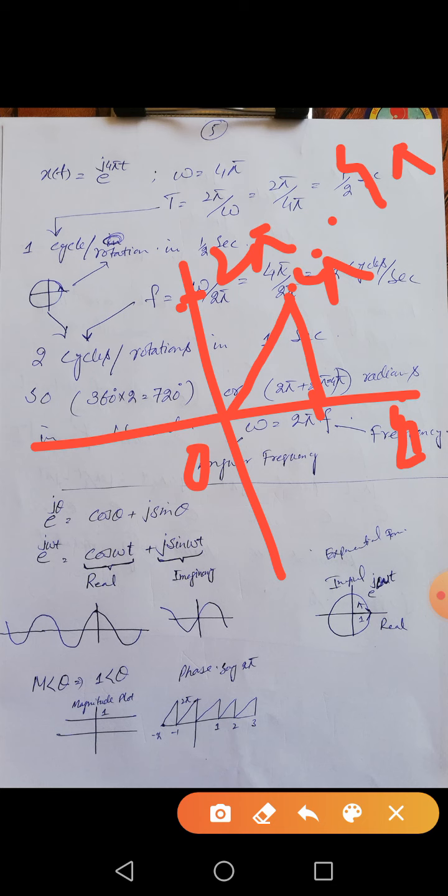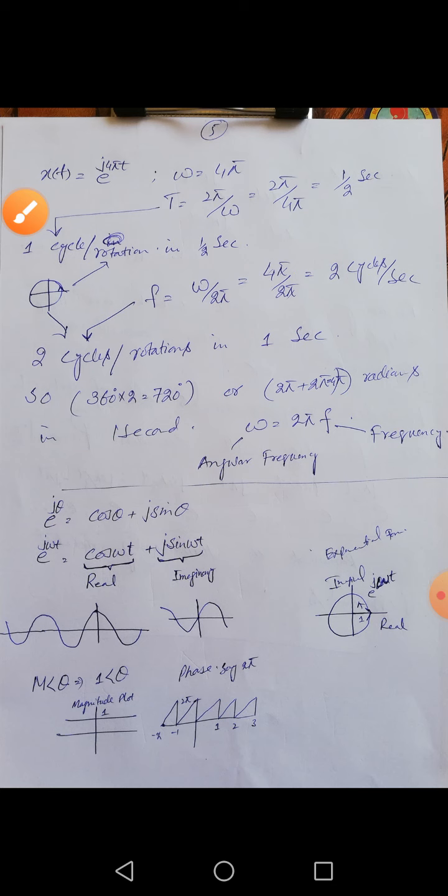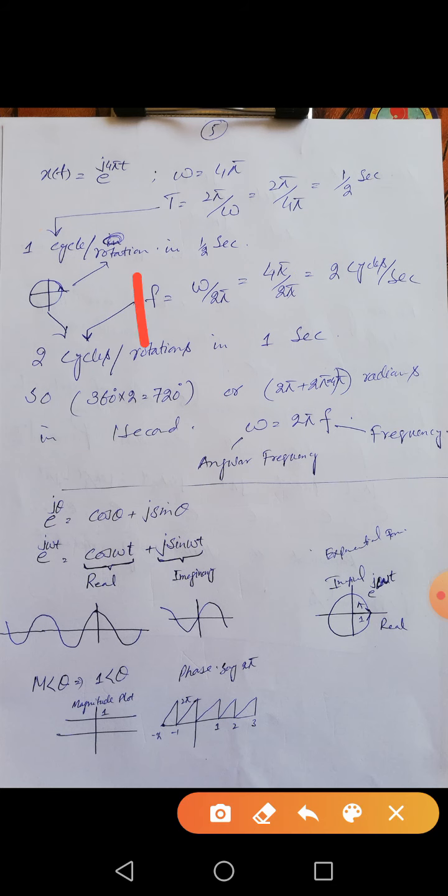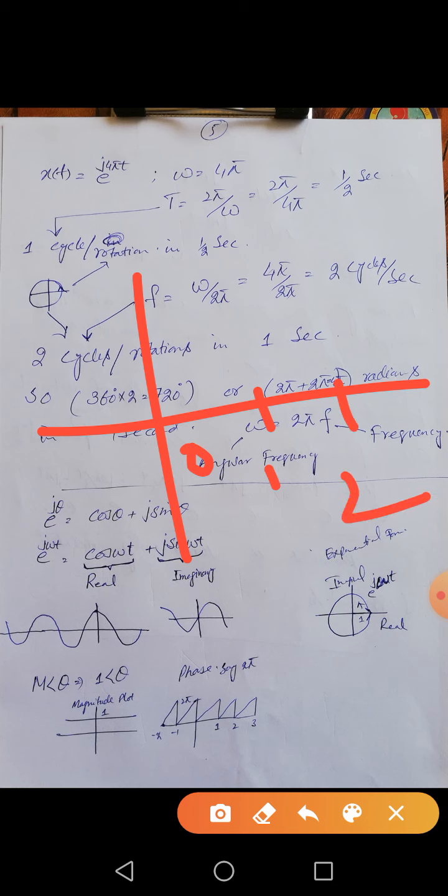But we know that 4π is also equal to 2π, 6π is equal to 2π, and 2π is equal to 0. So we can plot this like this: 0, 1, 2. For 0 it is 0, for 1 it is 0, for 2 it is again 0.